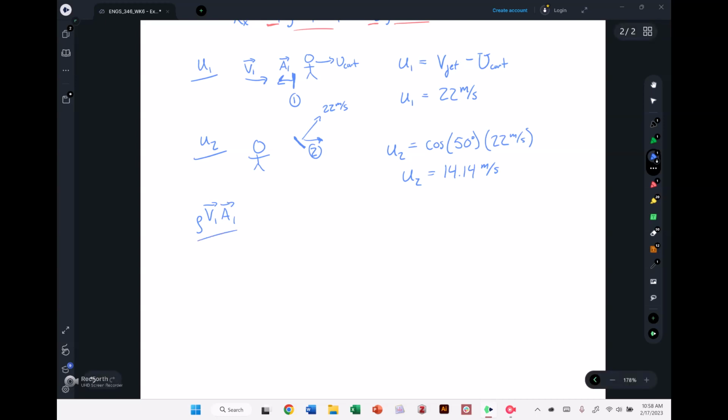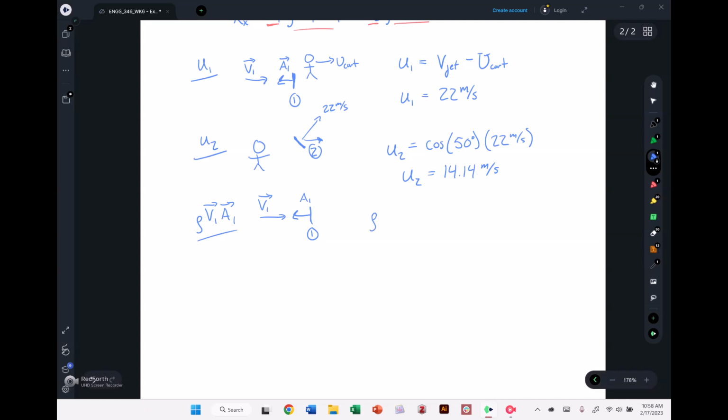If we have control surface 1, the areas always point out. We're going in at area 1, so the direction is exactly opposite, and that's going to give us a negative sign. The magnitude of the velocity is 22 meters per second.